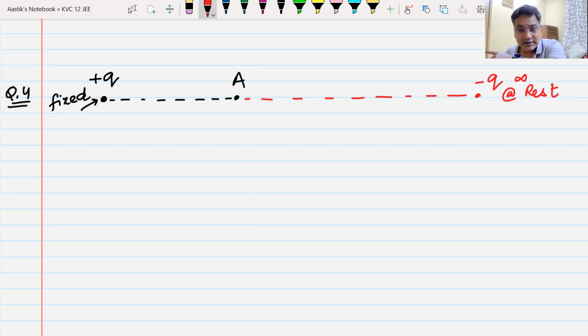So it is at rest at infinity. But when it comes to this point A, it is moving with some velocity v. Yes or no?